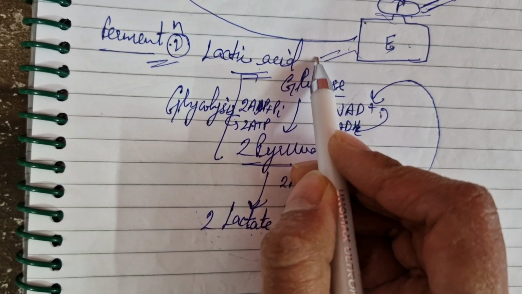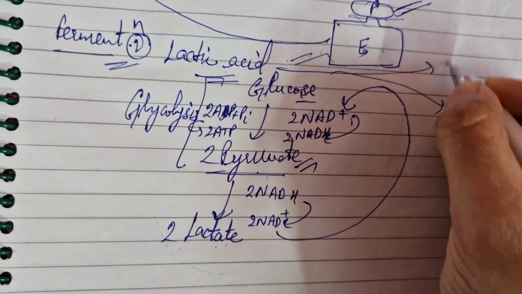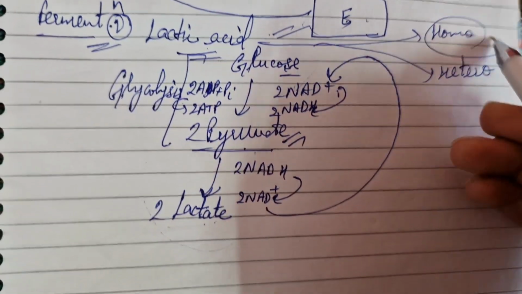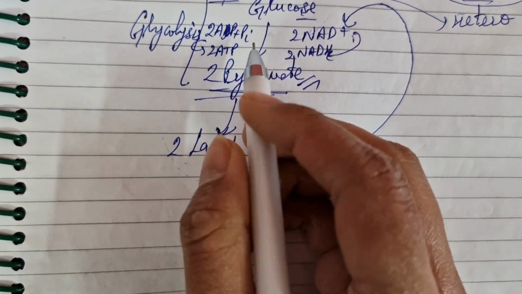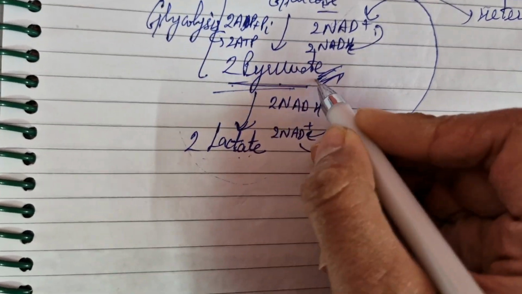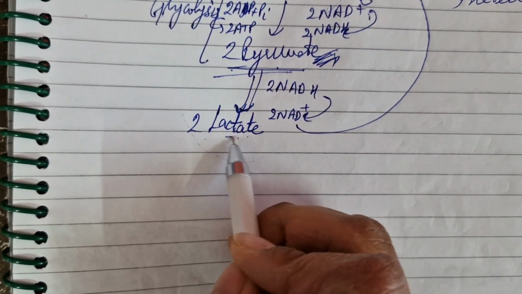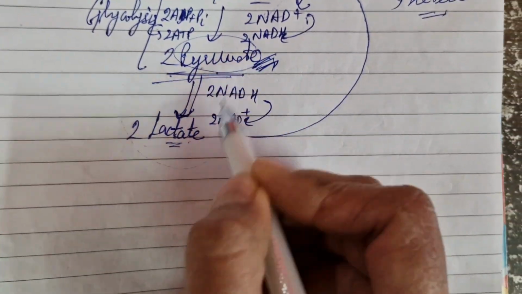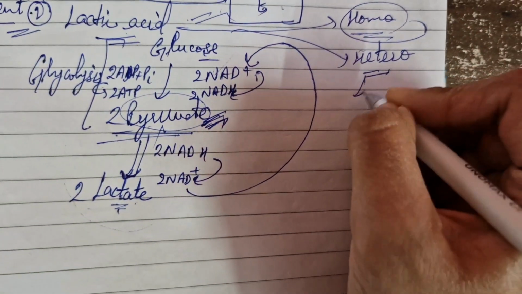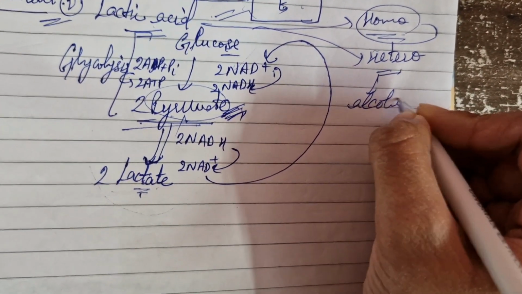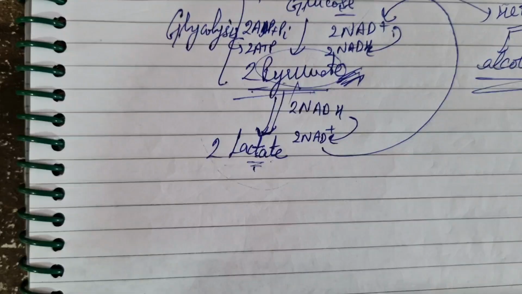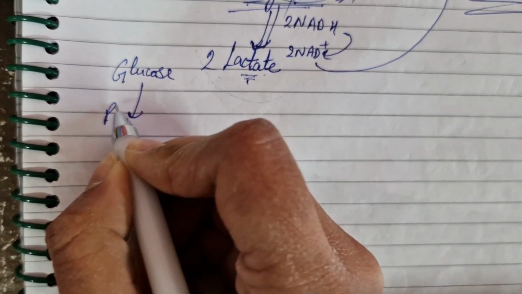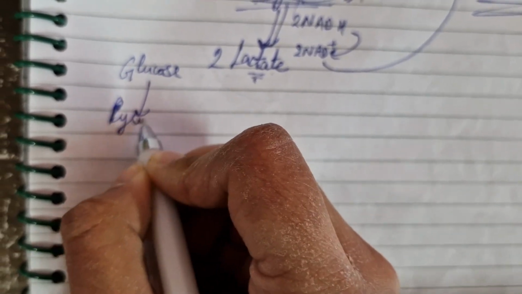Also, lactic acid fermentation is of two types, that is homo and hetero. In case of homo, both molecules of pyruvate give lactate, but in case of hetero, one molecule of pyruvate gives lactate and the other one gives alcohol, in the manner that glucose gets converted into pyruvate.